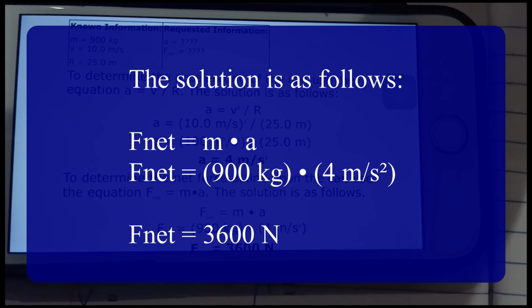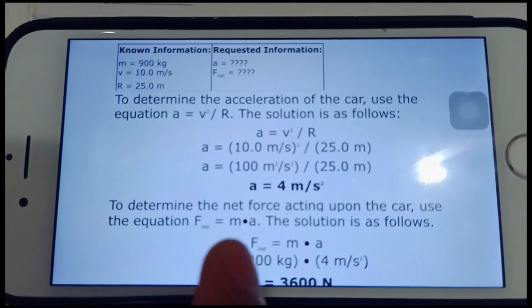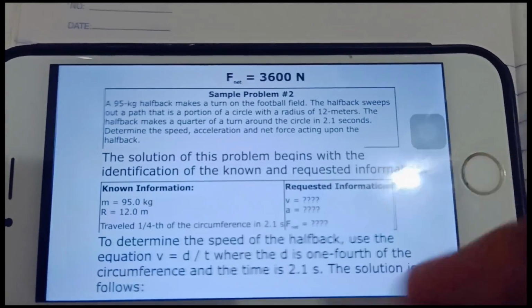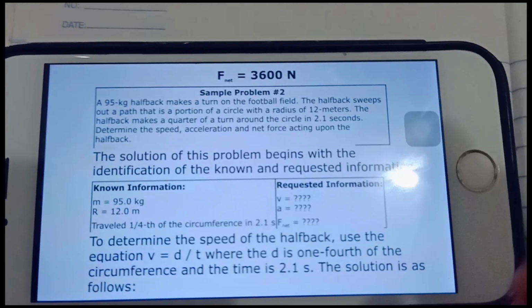So F net is equal to 900 kilograms times 4. So our F net is equal to 3600 N. That's our net force.